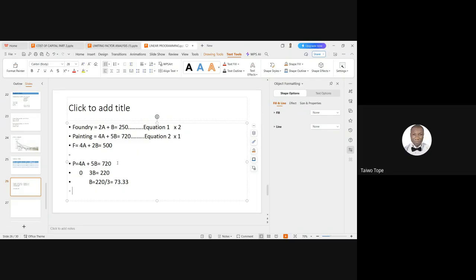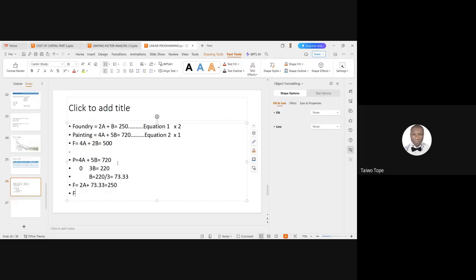So for us to get the value of A, let's substitute B into equation 1. 2A plus 73.33 equals 250. So 2A equals 250 minus 73.33.